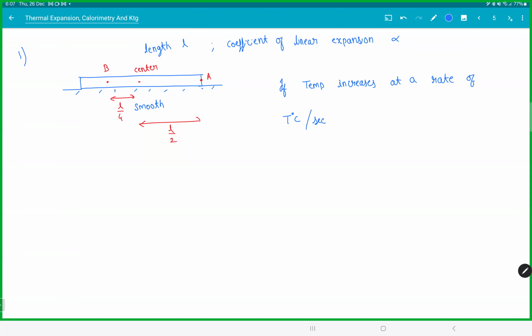If you keep on increasing, what will happen? The rod will continuously keep on expanding. That means point A and B are moving. Find velocity of A and B. If the rod temperature is continuously increasing, that means A and B will be continuously moving. That means they have velocity. Find the velocity of A and B.